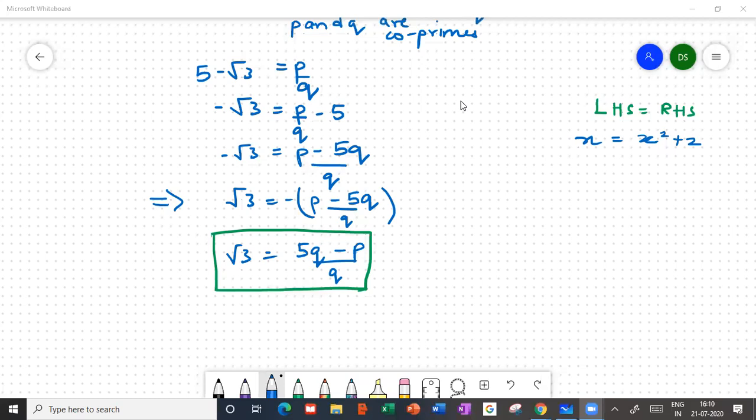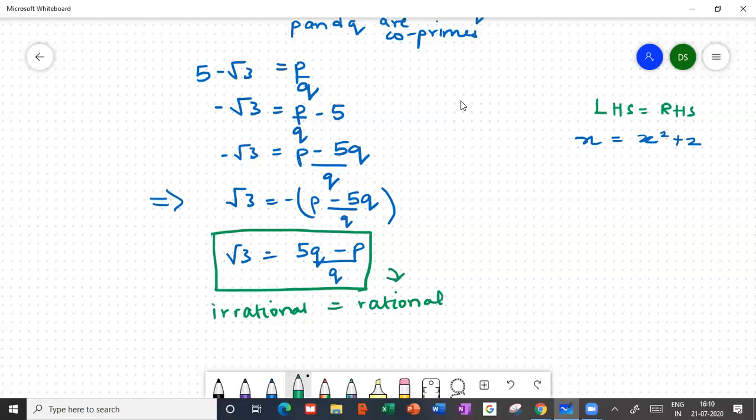So what this statement is actually saying is nothing but irrational is equal to rational, isn't it? Root 3 is irrational, but this part, 5q minus p by q, is actually rational. So this cannot be possible, right? Not possible.